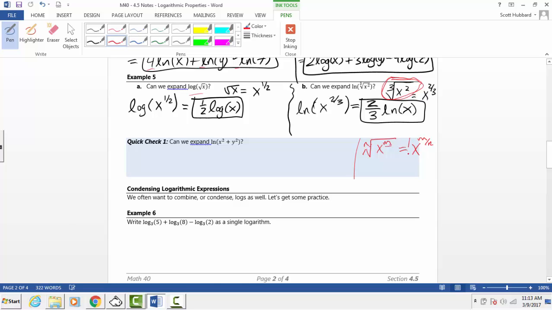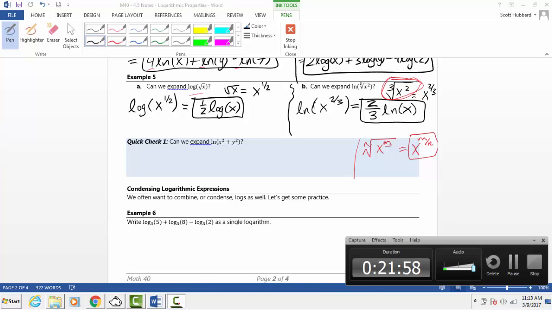So it's x to the m over n. Okay, I want you to try this one. I want you to see if there's anything that you can do here. Go ahead and pause the video and take a look at it, and then we'll come back.